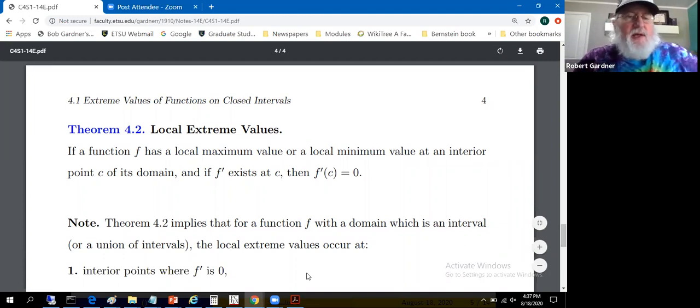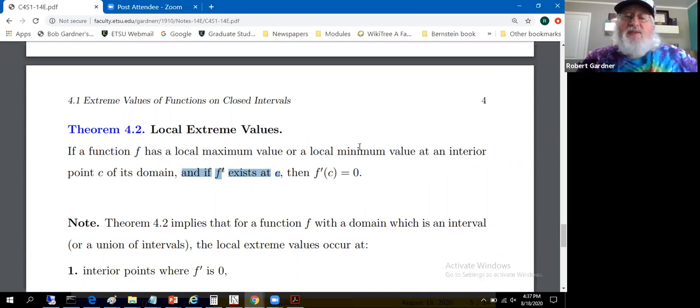It says, if a function f has a local maximum value or a local minimum value at an interior point c of its domain, and if f prime exists at c, then f prime of c equals 0. So the local maxes and mins occur where the derivative is 0 if the derivative is defined.